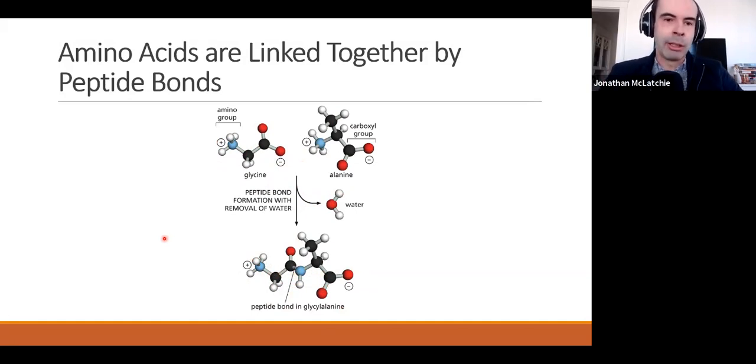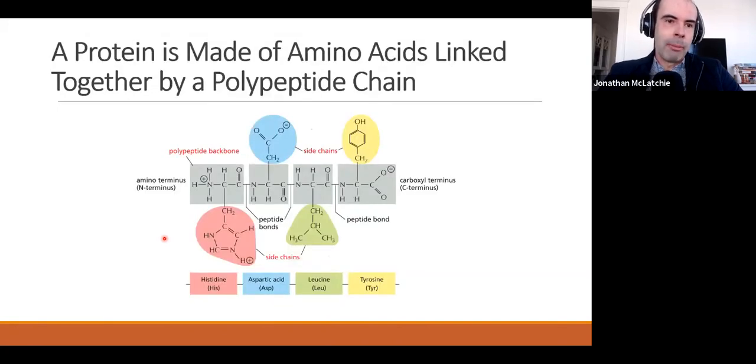These amino acid chains are linked together, and then the properties of the amino acid side chains determines how the protein collapses into a three-dimensional structure. So here we can see the backbone of the polypeptide, and you can see different side chains that come off from these different amino acids, and it's the properties of those side chains that give the protein its structure.